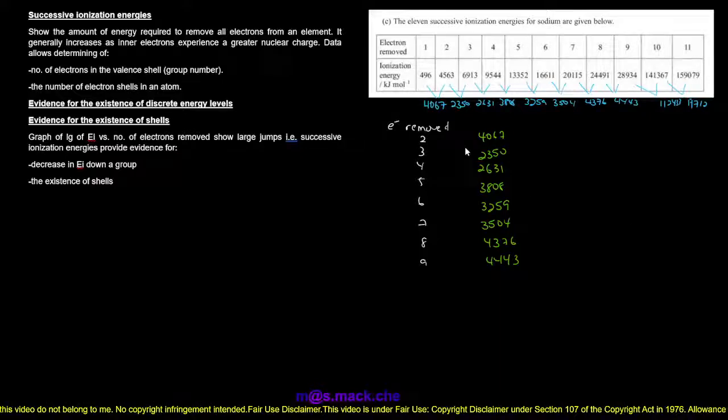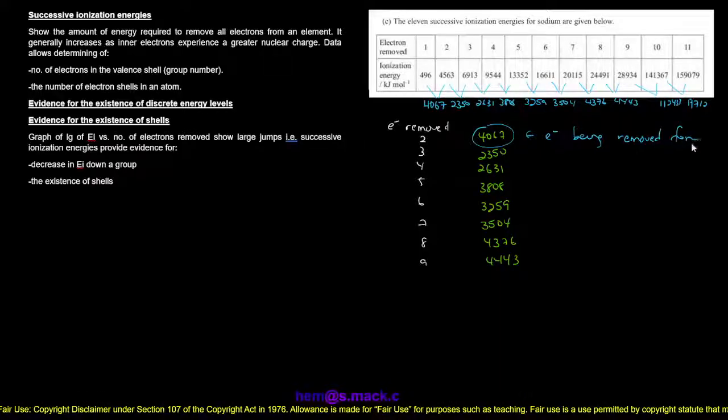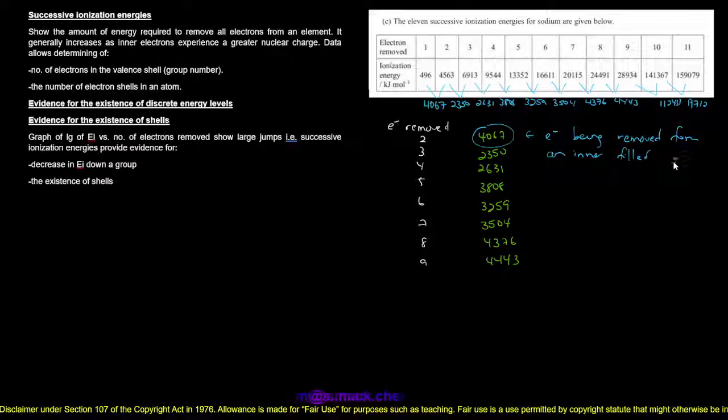We would see a large jump in ionization energy on removing the second electron. So this is 496 to 4563. What this large jump in ionization energy indicates is an electron being removed from an inner filled electron shell.